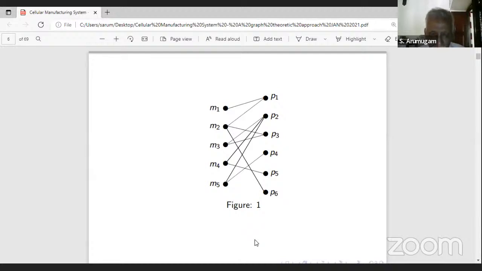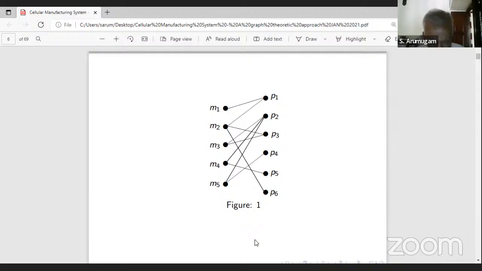This is closely related to the concept of edge connectivity in graph theory. What is edge connectivity? The minimum number of edges to be removed from the graph so that the resulting graph becomes disconnected. For us, disconnected means each component will become a cell.